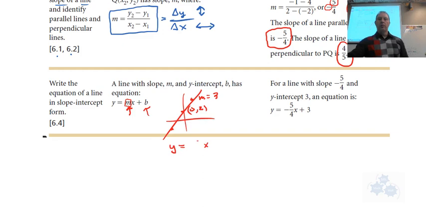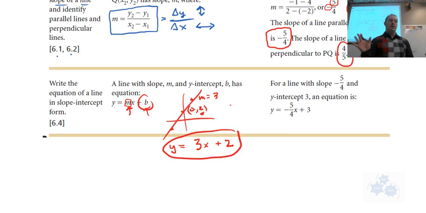The slope multiplies by the x, and the b value is the y value of the y-intercept. So this would be plus 2. That's the equation for that line. Done. Another example here, there's the slope, there's an intercept, so the intercept goes here, the slope goes there, and that's your equation. Really, really easy.